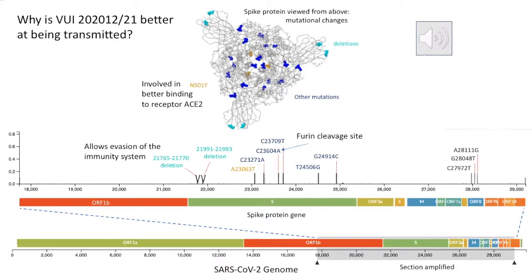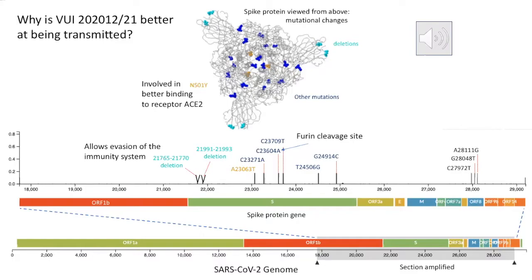One mutant that has allowed this to happen occurs at ribonucleotide position 23063. Here, a thymidine replaces an adenine in codon 501, and this results in a change in the amino acid sequence from an asparagine to a tyrosine.